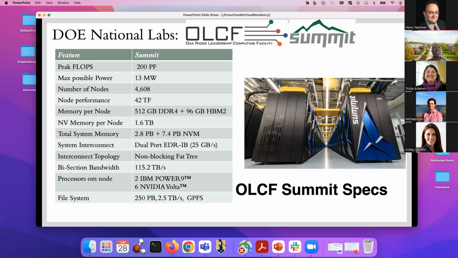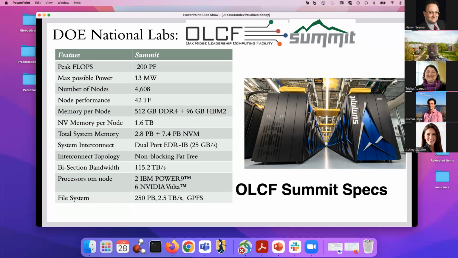These are the Oak Ridge Leadership Computing Facility Summit specs: the performance, but also the memory per node, which is about 512 gigabytes, and the system interconnect, which is dual port EDR at 25 gigabits per second. Processors and nodes, as we said, are 2 IBM Power9 and 6 NVIDIA Volta, with a file system of about 250 petabytes.